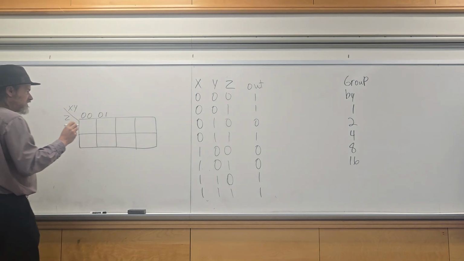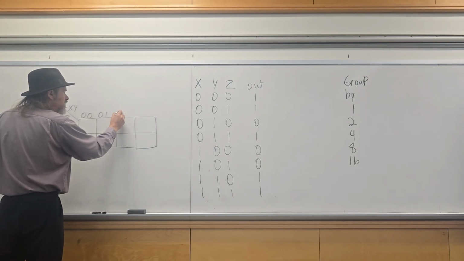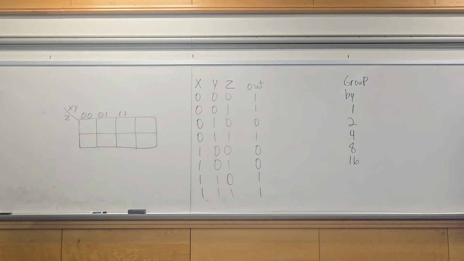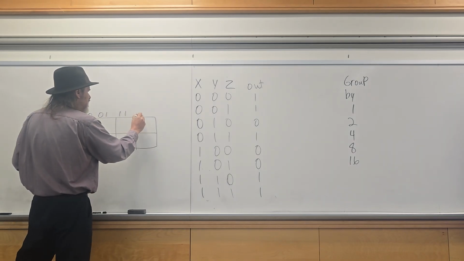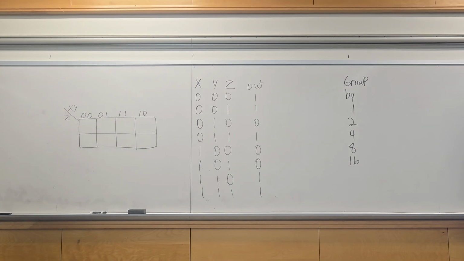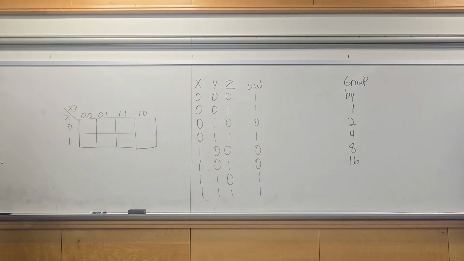Change one bit, that's not going back to 0, 0, makes it 1, 1, not 1, 0, that would be changing 2 bits. And then change one bit again to be 1, 0. So you have all combinations of X and Y across the top. Z, again, 0, 1, changing one bit at a time.